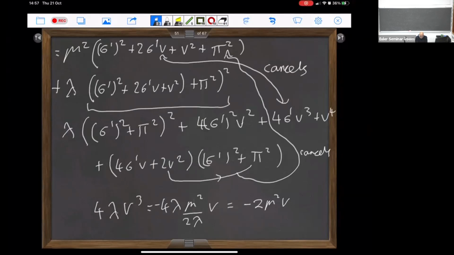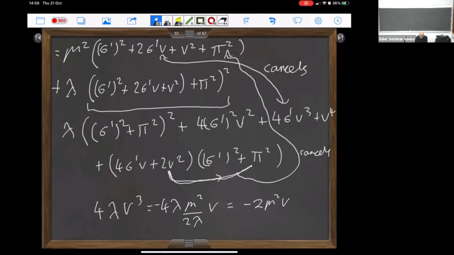And what happens is that the quadratic terms in pi actually cancel out. So that's what I'm saying here. The 2v squared times pi squared cancels with mu squared pi squared when you put in the value of v squared.